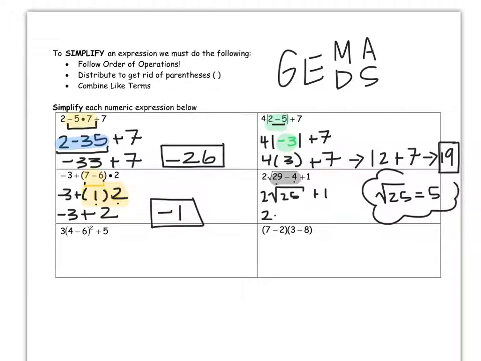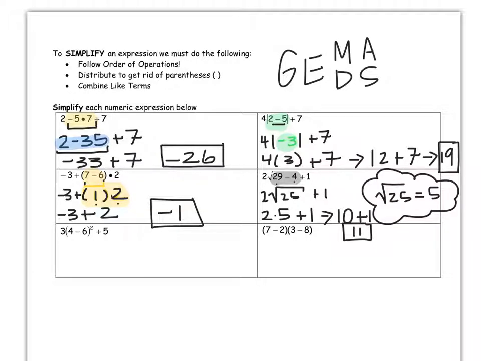That's just a little thought bubble. So I'm going to change that square root of 25 to 5, and then do plus 1. So now I'm going to continue with my order of operations. Multiplication or division comes next, and I have multiplication right here, 2 times 5. So 2 times 5 is really just 10, plus 1, which is 11.